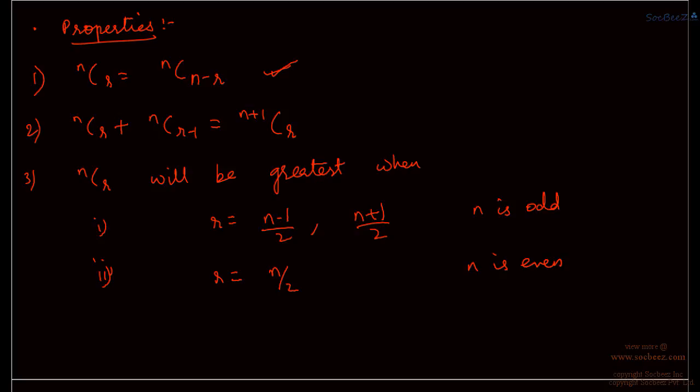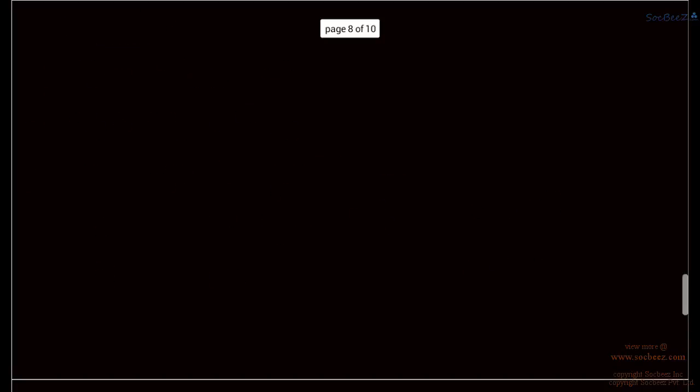Suppose I take n equal to 6. So I have 6C0 and 6C6 are same, 6C1 and 6C5 are same, 6C2 and 6C4 are same, and 6C3, which is still greater than 6C2 and 6C4, will be alone greatest. So this is another property.